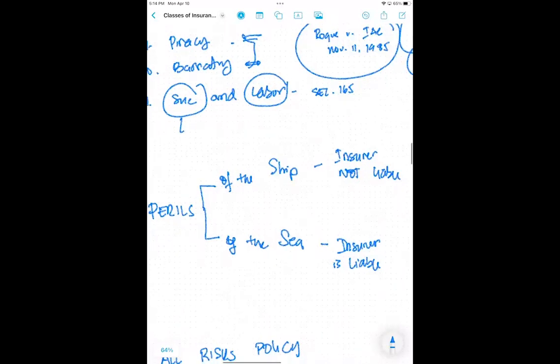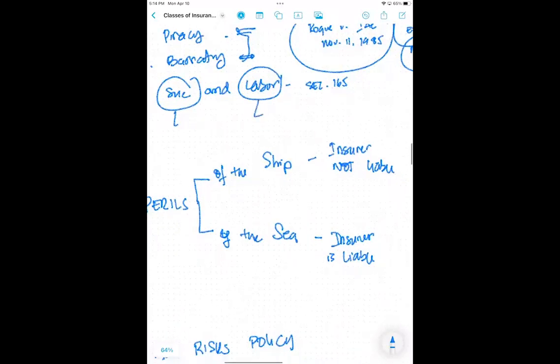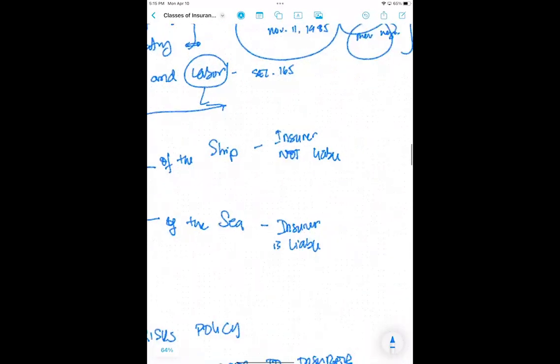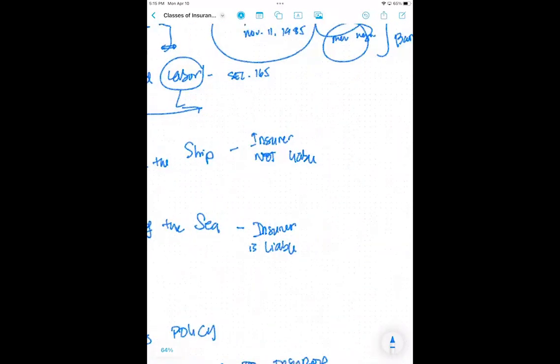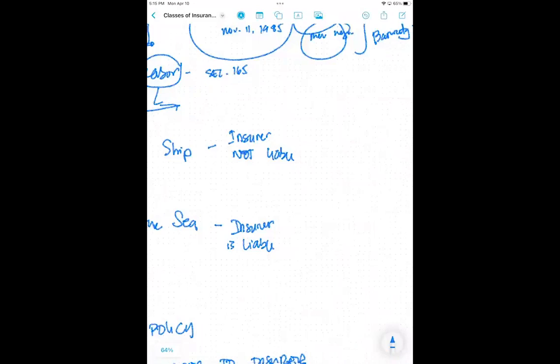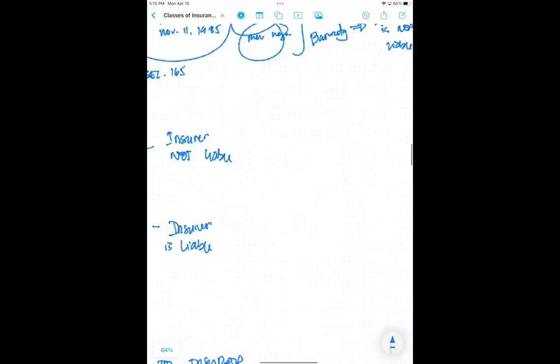And even if the amount of the expenses to recover the ship would exceed the value of the ship, okay, it would exceed, because di ba napag-usapan natin that contract of insurance is a contract of indemnity. So kung magkano lang yung amount ng property, that is the only amount that can be recovered by the insured.